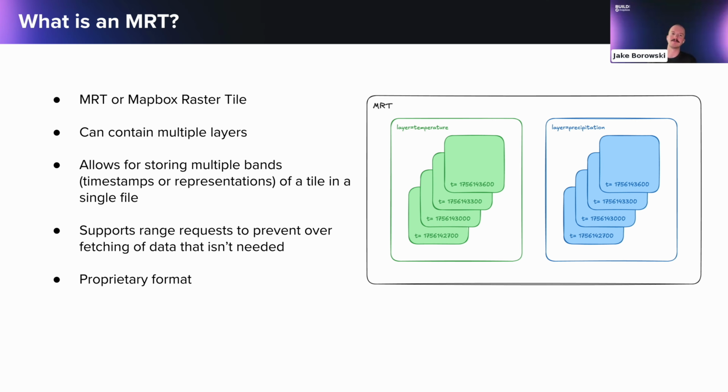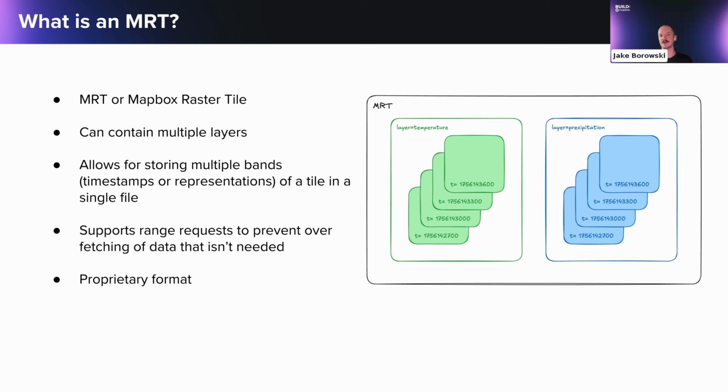Now, bands inside of a raster-array tileset are a little bit different than the bands you might think of inside of a source image, such as a geotiff. A band in a geotiff is going to represent some kind of data range, whereas a band in a Mapbox raster tile is going to represent possibly a timestamp or some other piece of information that might be similar to time.